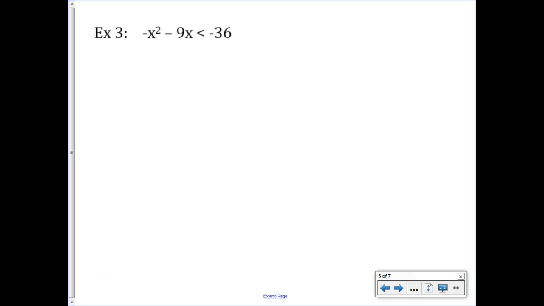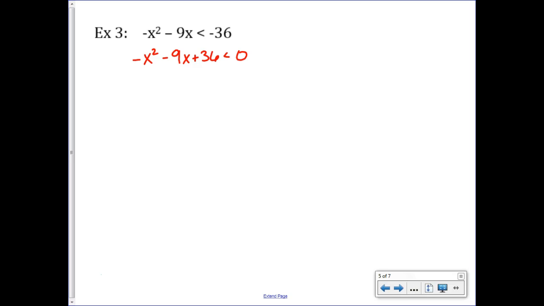The first thing I want to do is make it 0 there. So I have negative x squared minus 9x plus 36 is less than 0. Now, since we have that negative, that tells us it's going upside down.